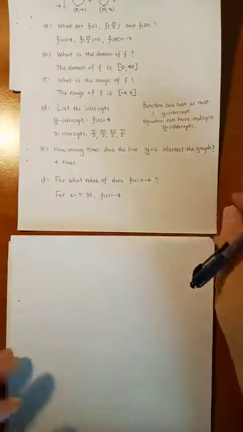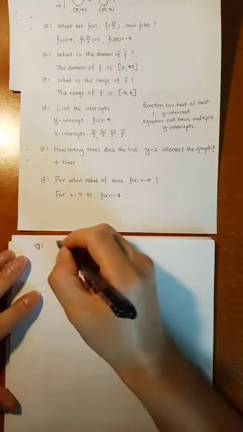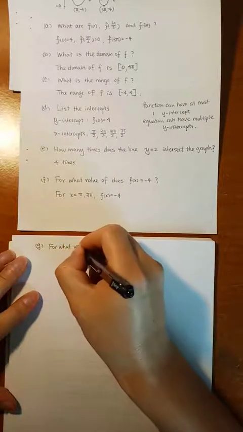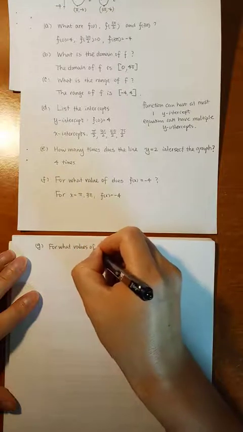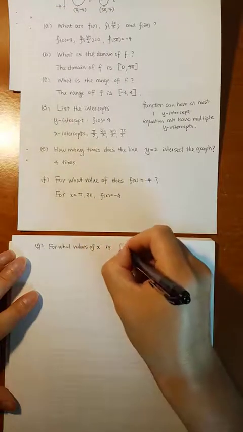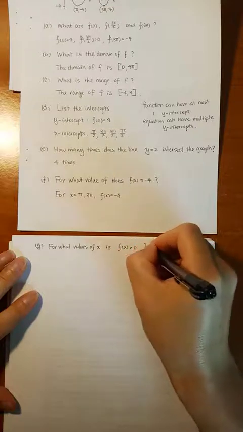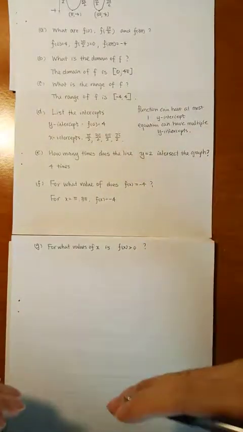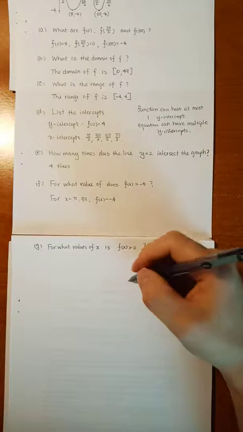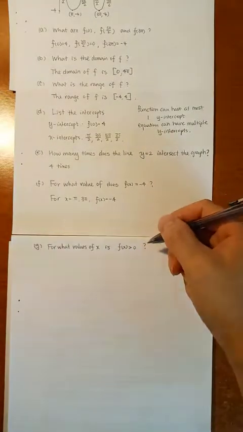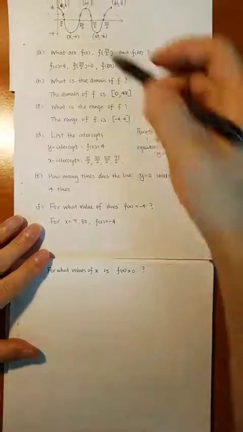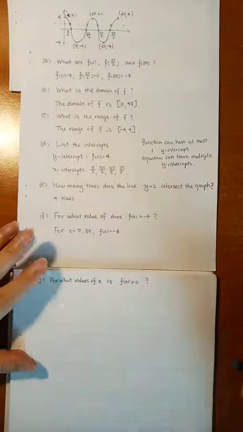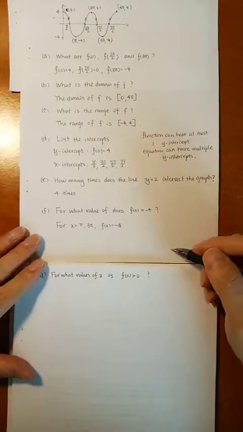The final thing, G. For what values of x is f(x) greater than 0? f(x) greater than 0 means the y value is above the x-axis, right? So you check the graph. This piece, the middle piece, and the right piece, those pieces are above the x-axis.